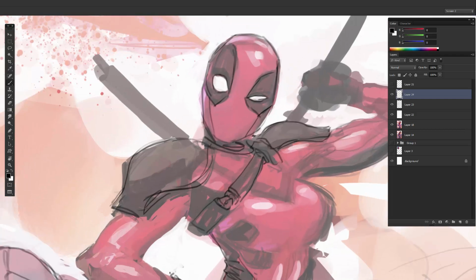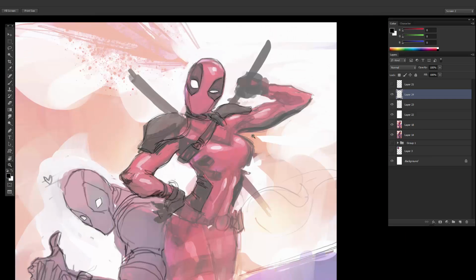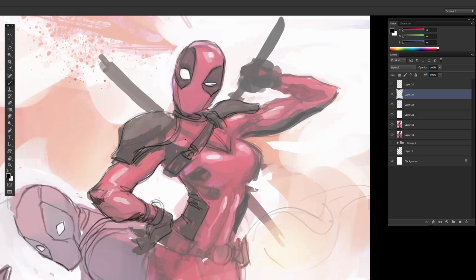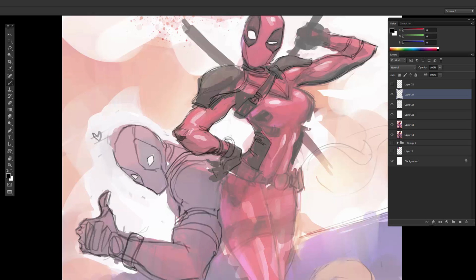I want to know how they drew such dynamic poses. How did J. Scott Campbell make this awesome Spider-Man look like he's shooting webs at you and flying out of the page? How did Joe Mad do the whole awesome proportions of huge hands and really badass looking characters? How did they color that? Where did the lighting come from?